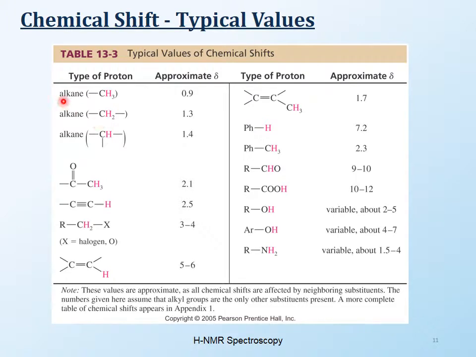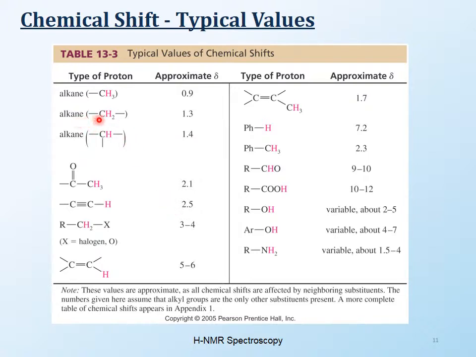So for example, all the alkane protons will come around 0.9. They're really shielded because they're all alkanes, which means they have carbons in them and hydrogens in them, and it's all electrons. And so they are shielding the nucleus, and therefore they will come at the shielded region, okay, which is the right-hand side of the region.